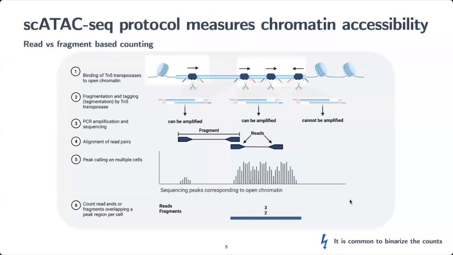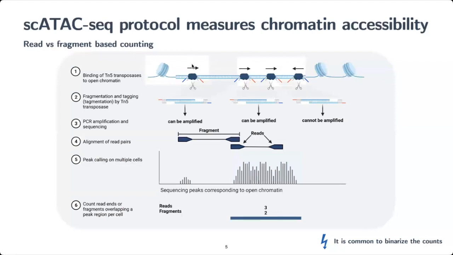And just as a recap of how the protocol works, we have our chromatin with open accessible regions, and the protocol works using this Tn5 transposase, which is an enzyme that inserts into the genome and cuts.